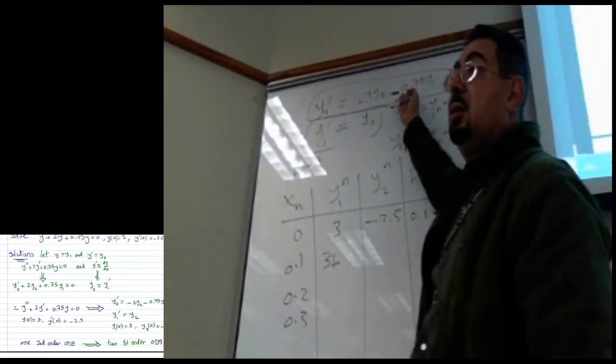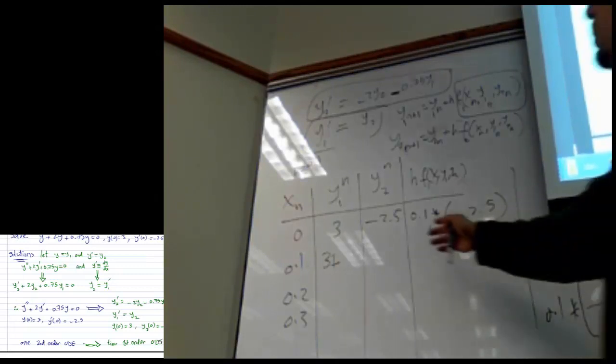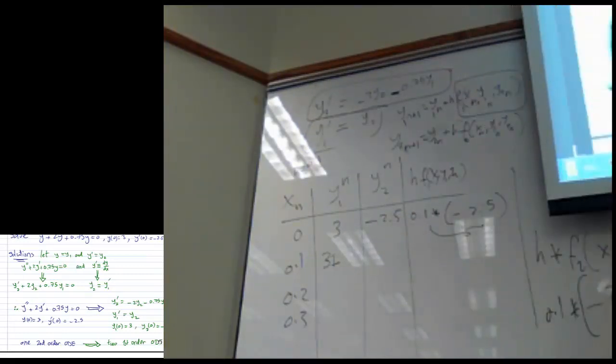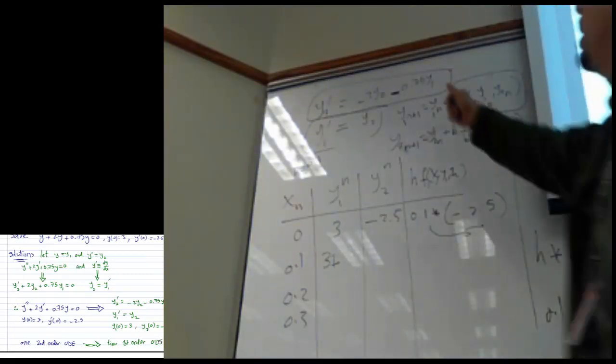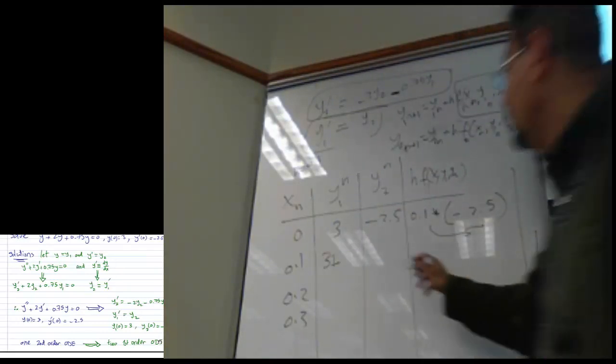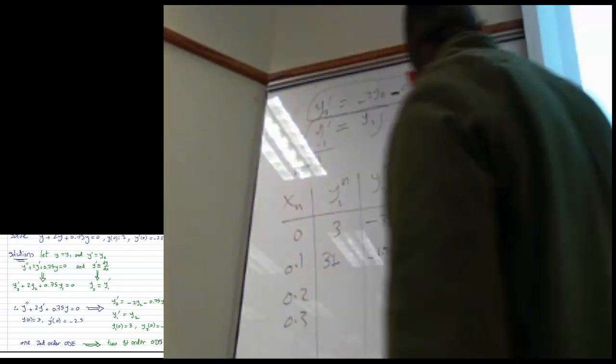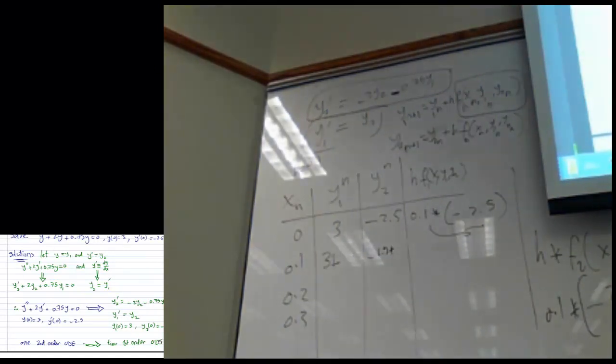I go here, and it's minus 2 times y2, minus 2.5, minus 0.75 multiplied by y1, which is 3. That's hf2. And so the new y2 is the initial value plus whatever I calculated from here.